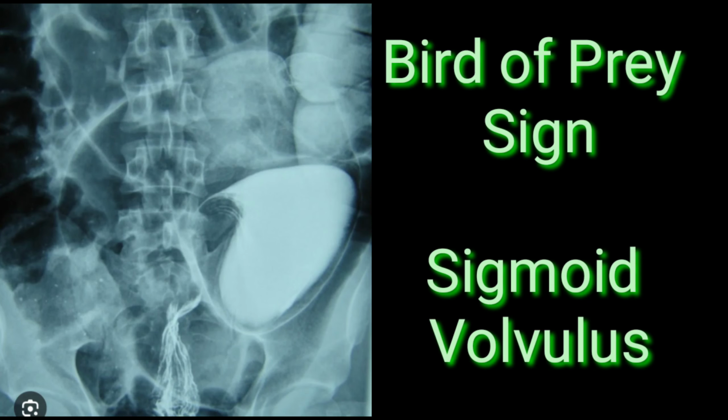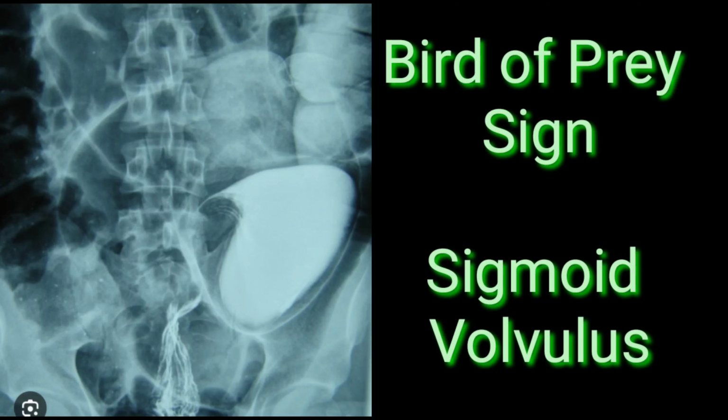Here on this gastrografin enema, you can appreciate at the point of twist a characteristic beak-like termination of the contrast column. This is called the bird of prey sign, and this sign suggests sigmoid volvulus.